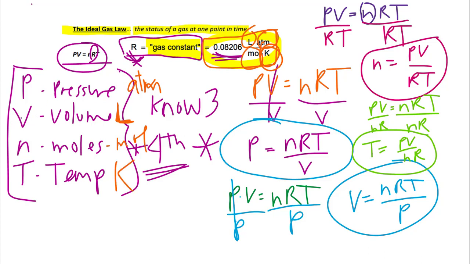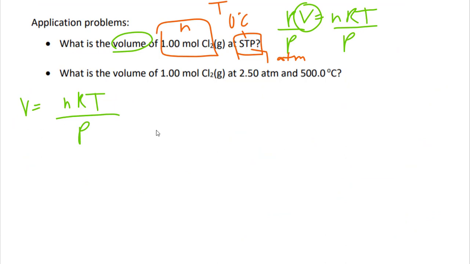That is really important, because we just said standard temperature is 0 degrees, but to get to Kelvin, we need to take our Celsius temperature plus 273.15. And pressure we said was 1 atm, which is good.